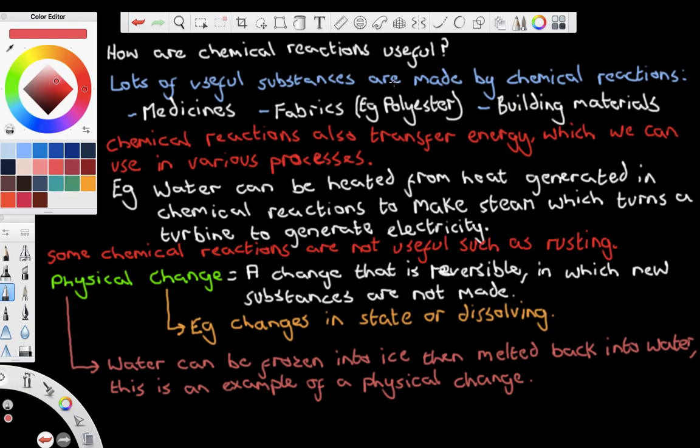This includes rusting or food beginning to rot. A physical change is a change that is reversible, in which new substances are not made. This is the opposite of a chemical reaction. Examples include changes in state or dissolving. Water can be frozen into ice and then melted back into water. Therefore, this is an example of a physical change.